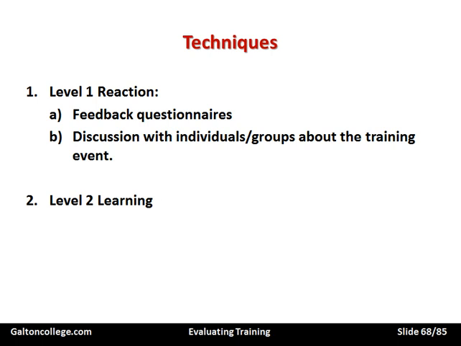Level 2, learning. Well, you could have pre and post questionnaires. Pre is before, when the learners turn up for the learning program, for the training program. They have a questionnaire, and they have a similar questionnaire at the end to try and assess the difference. Again, it's open to bias.